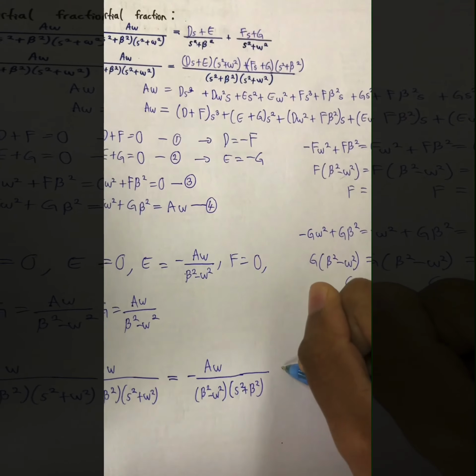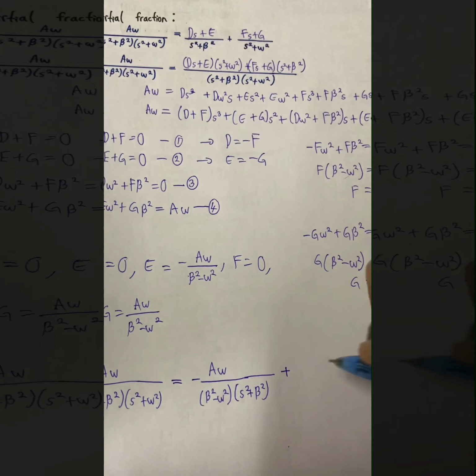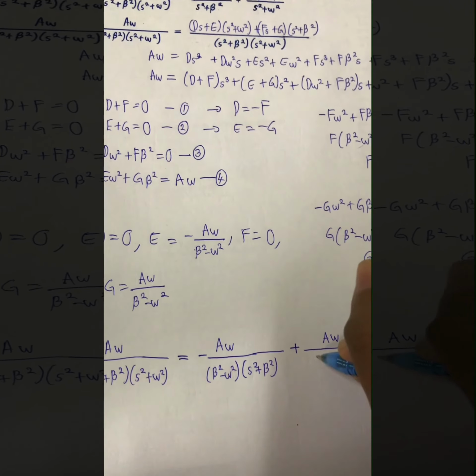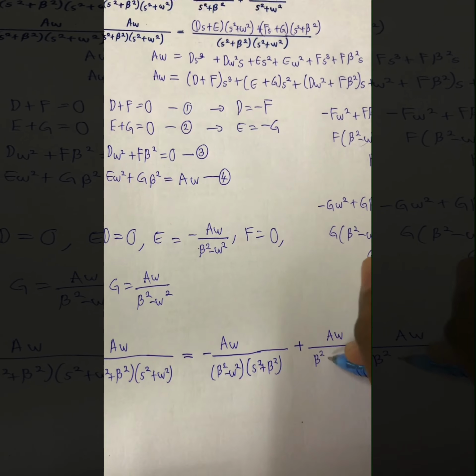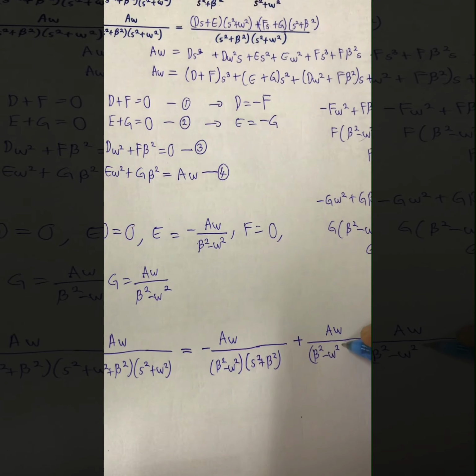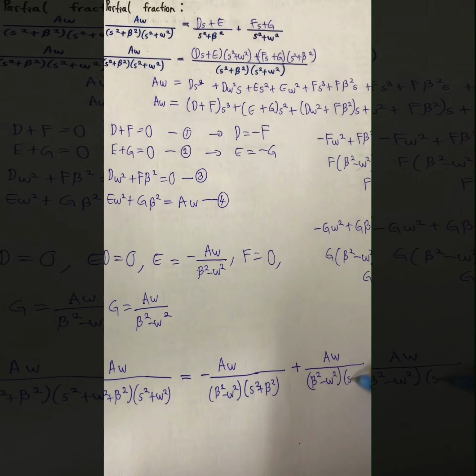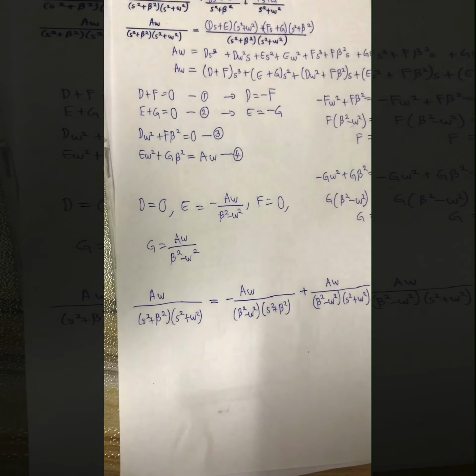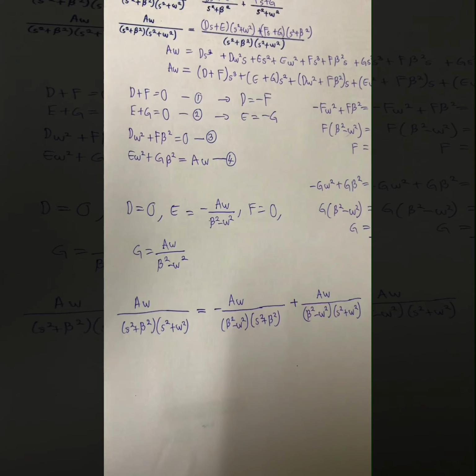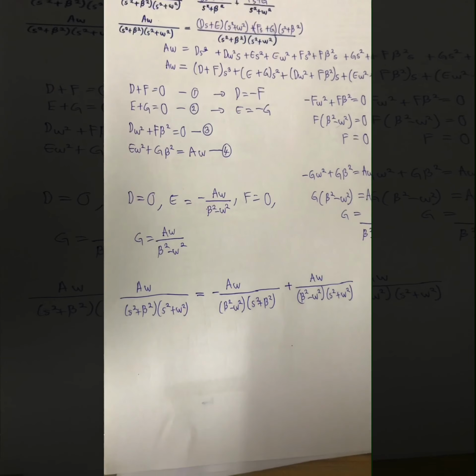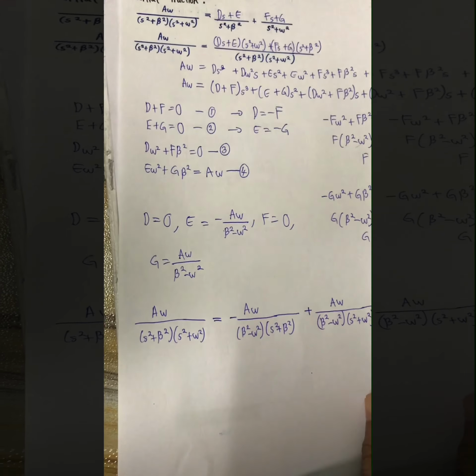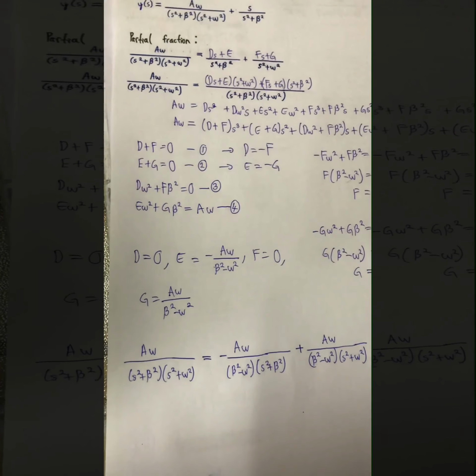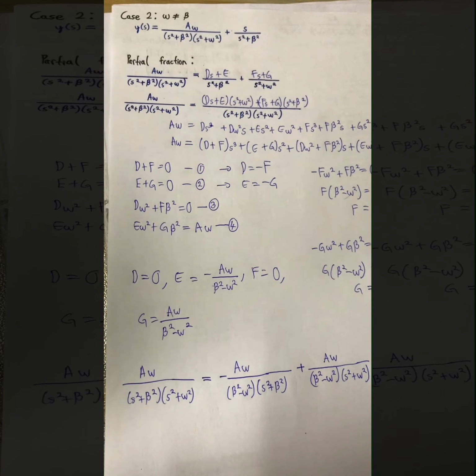And then the second one, our f is 0, then our g is a omega over beta square minus omega square, and then over s square plus omega square. So after the partial fraction, we will get this form, and then we proceed to the next step to find our Y of s.